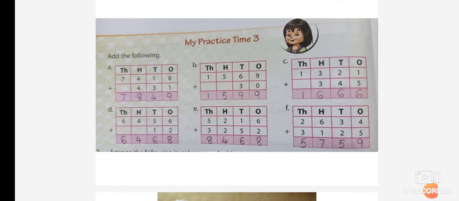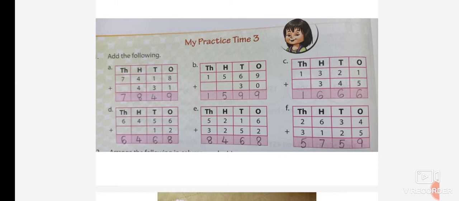Now we'll see the C sum. 1,321 plus 345. We add vertically. Vertically means first we add the numbers on the ones place, then the tens place, then the hundreds place, then the thousands place. On the ones place, 1 plus 5 is 6. On the tens place, 2 plus 4 is 6.